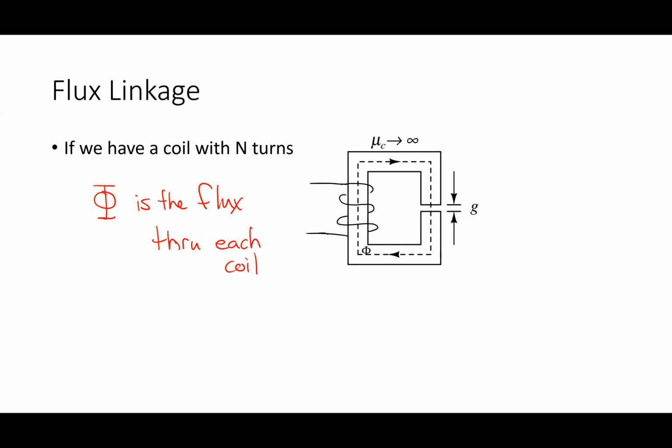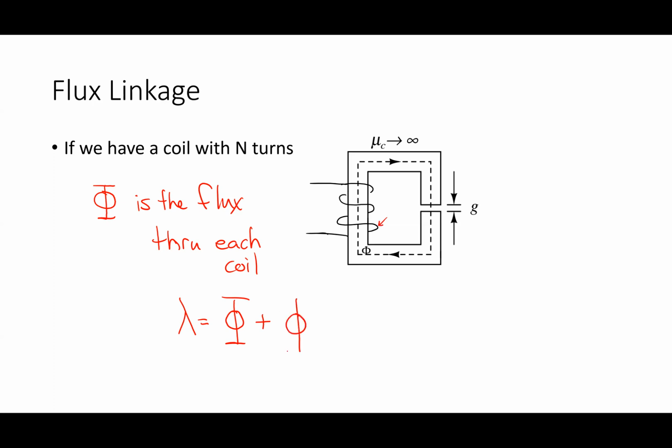Sometimes, though, we ask, what's the total flux linking the entire coil? So I add that up. Phi goes through the first coil, which would be the bottom one here.